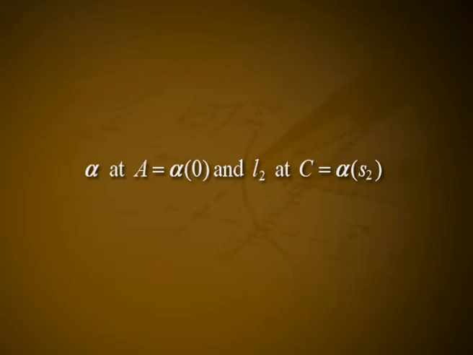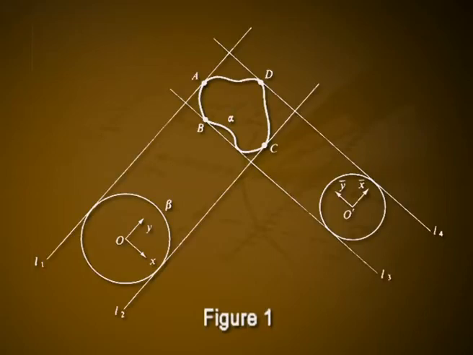Let L1, the tangent to alpha at A, be equal to alpha of 0 and L2 at C be equal to alpha of s2. See figure 1. The key idea of the proof is to compare the area of the region bounded by alpha with the area of the circle of radius r.